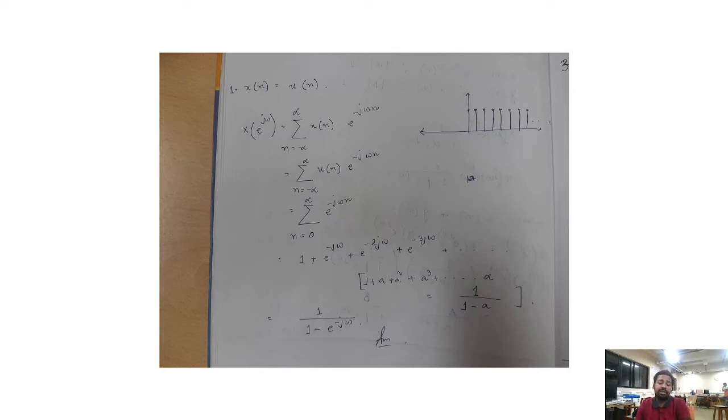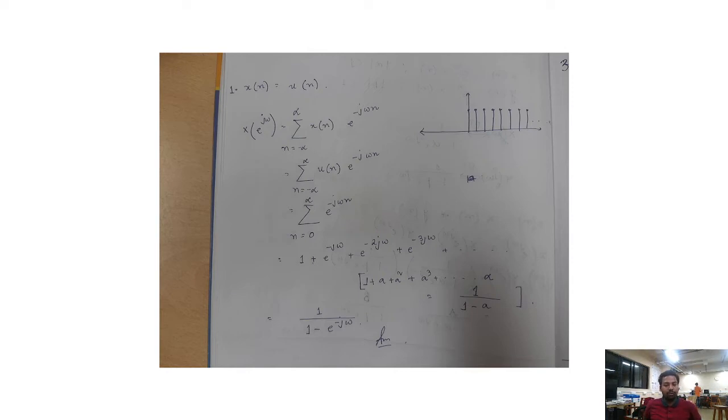So now put the values. For n equal to 0, we have e to the power of minus j omega 0, which is e to the power of 0, equal to 1, plus, replacing n with 1, we have e to the power of minus j omega, then for n equal to 2, we have e to the power of minus twice j omega, then for n equal to 3, we have e to the power of minus 3 j omega, then till infinity.